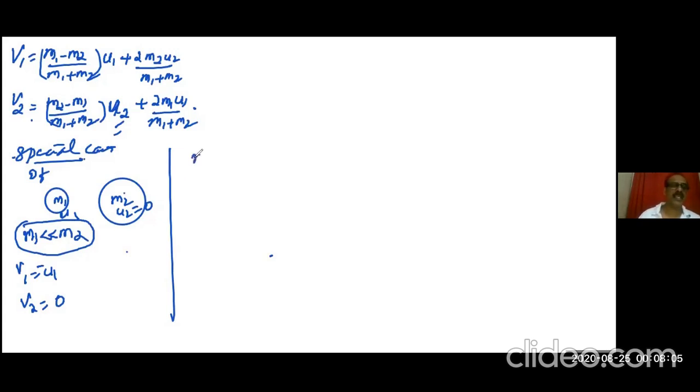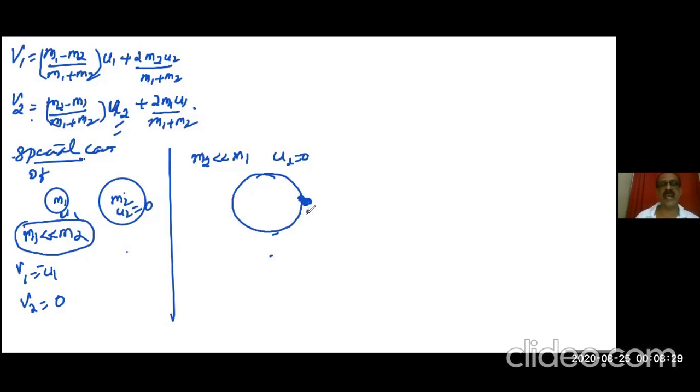Next case: M2 is very, very smaller than M1, and U2 is equal to 0. Then tell me what happens. M2 is very small, negligible and at rest. A huge body comes and hits it.